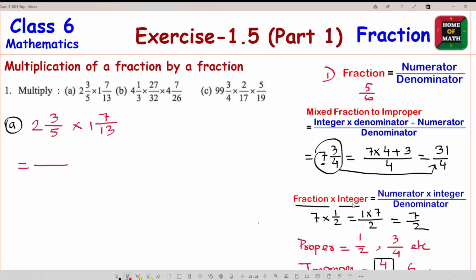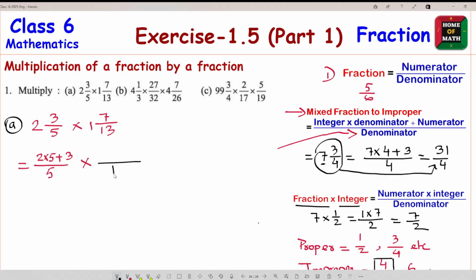Look, this is what we know already, mixed fraction to improper fraction. So first this integer 2, times the denominator 5, 2 times 5, then plus the numerator which is 3, and divided by the denominator like this one.